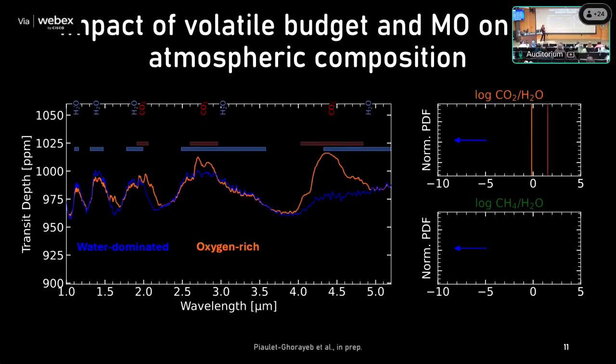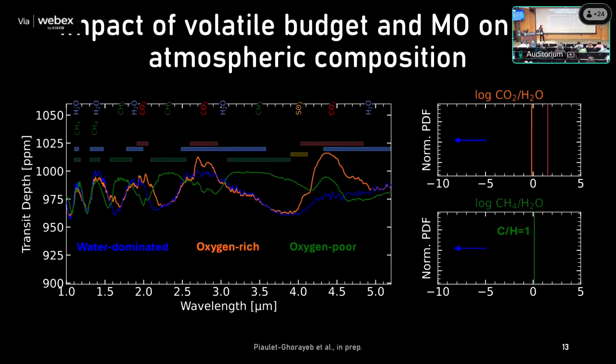On the other hand, if it actually formed oxygen-rich but with some amount of carbon, C/H ratios that are reasonable for sub-Neptunes, then you would expect to actually see a prominent CO2 feature. And perhaps SO2 if you have photochemistry playing a role.